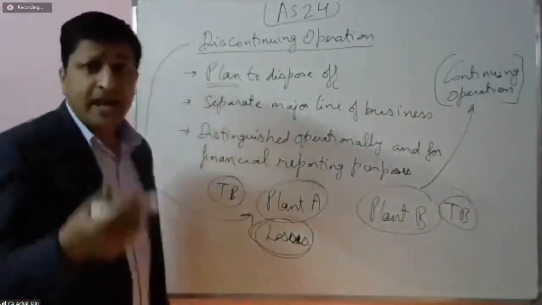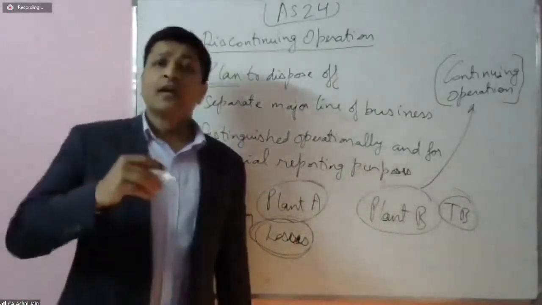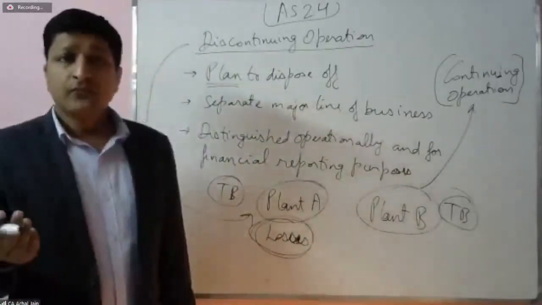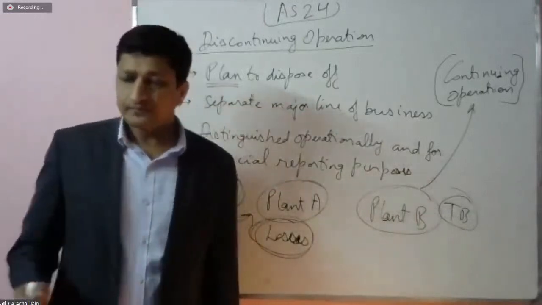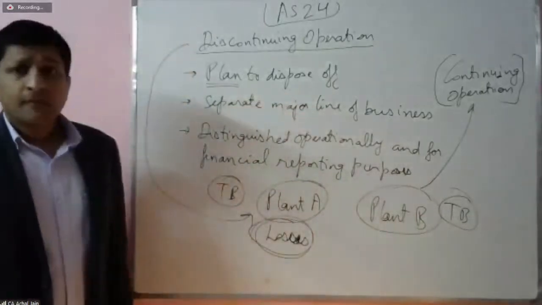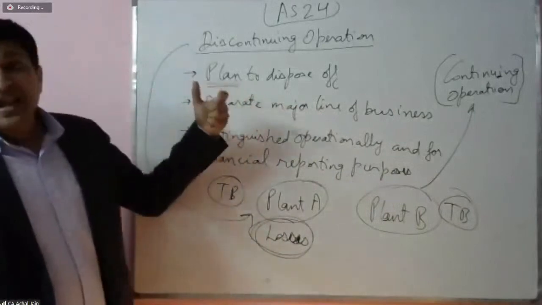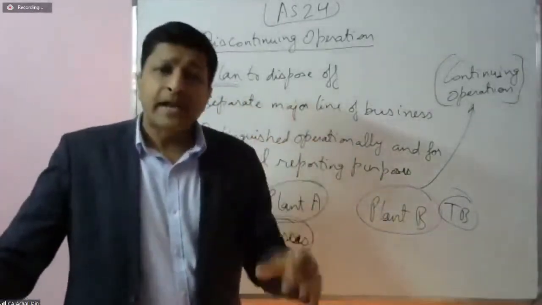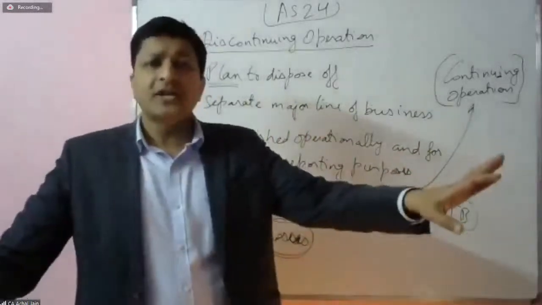Secondly, when the plan is to dispose it of, an active market search should have started for the potential buyer. This plan should not be limited to internal plans which are finalized and then no action is taken.